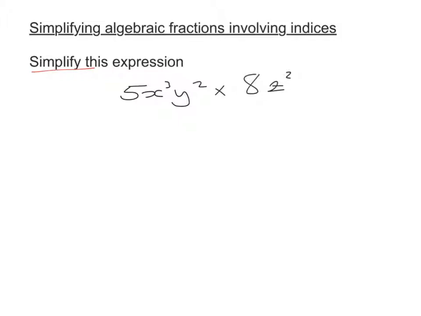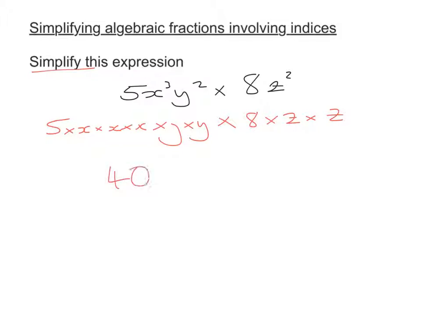If I wrote that out longhand, what I've got is 5 times x times x times x times y times 8 times z times another z. So let's have a look at what's happened. We've got lots of things multiplied together. I've got a 5 and an 8 I'm timesing together, that would give me 40.